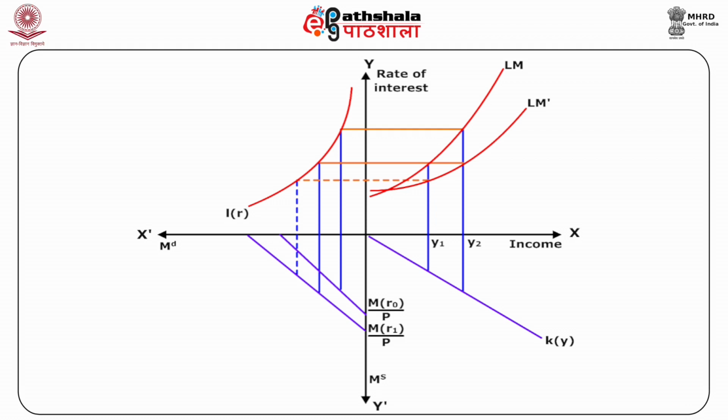And so, finally, what we see is that the modified LM function has the same shape as a nominal LM function and it is upward sloping. When it comes to the slope of the LM function, it is also positive, both have a positive slope, but the LM function is flatter, the slope is lower, and therefore it appears to be flatter.